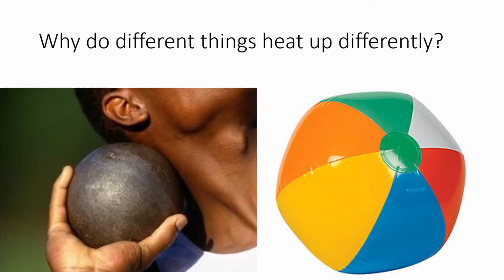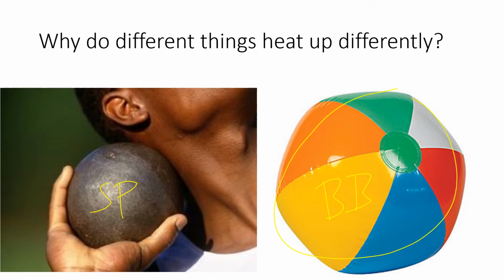Well, why do different things heat up differently? I want you to think about two different things here. We've got a shot put over here, and we've got a beach ball over here. And certainly the beach ball is going to be a lot easier to get moving than a shot put. Well, remember that temperature is all about the movement of stuff and how they're rubbing back and forth and causing friction.